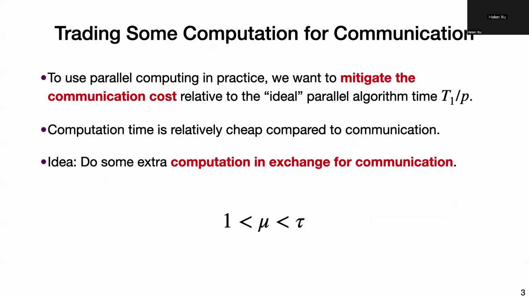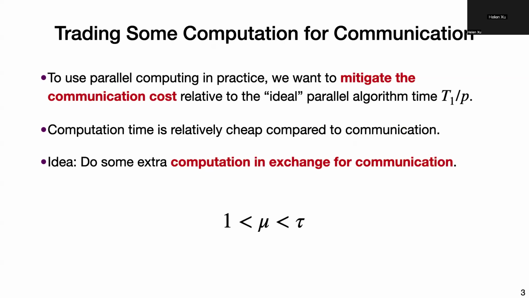Okay. Another trick that we're going to do today is that sometimes in distributed memory, you can trade computation for communication a little bit. That means you do a little bit of local work, on a smaller part of the input, much smaller than n ideally. And ideally that can help you save communication. The reason that you might want to do that is that usually when you use parallel computing in practice, you're not really limited by the number of processors that you have.